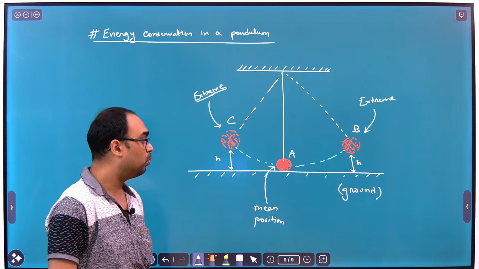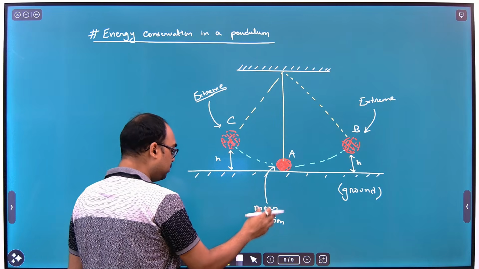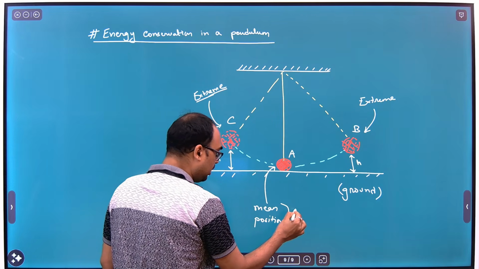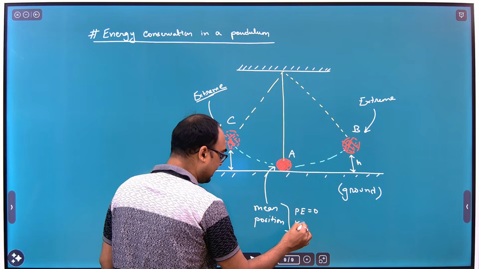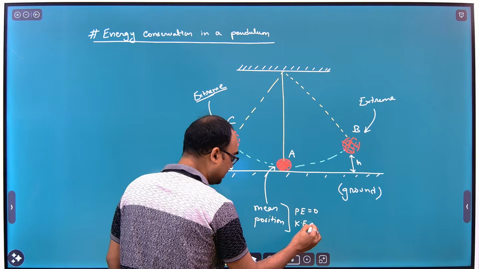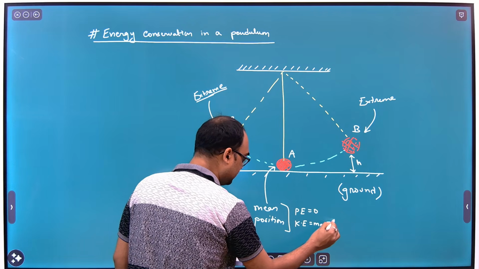Okay. Now, what happens? At the mean position, potential energy is 0 and kinetic energy is maximum, which is equal to half mv square.